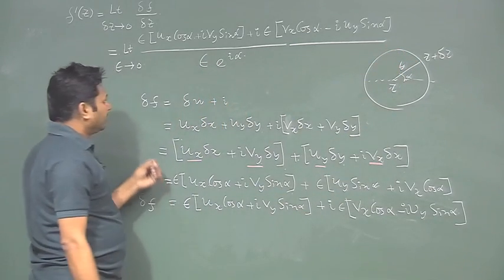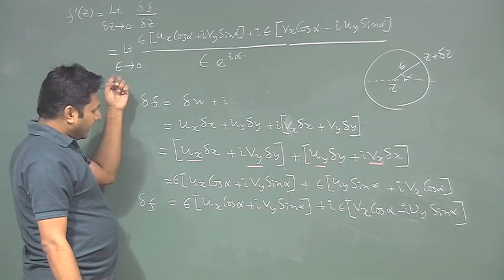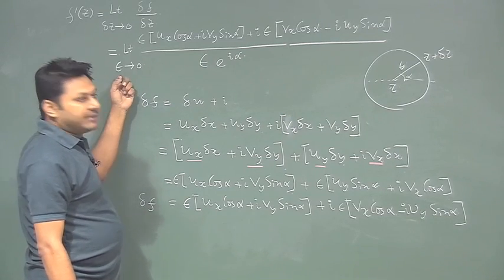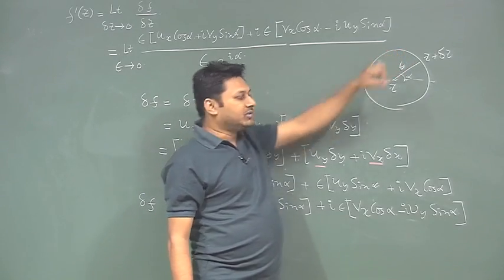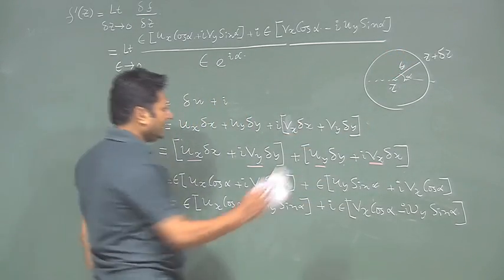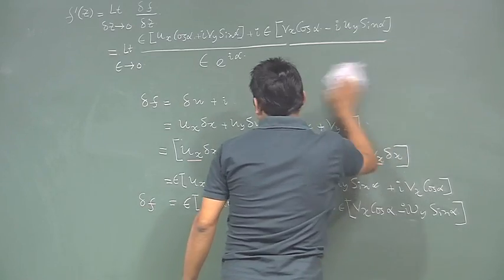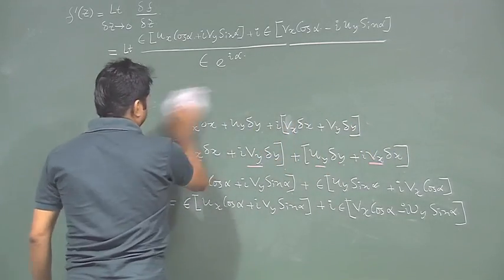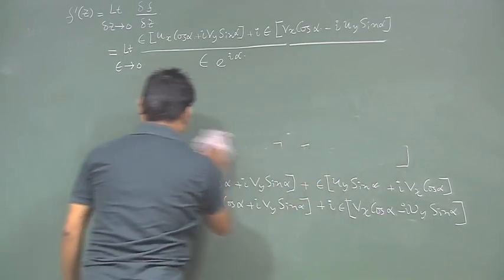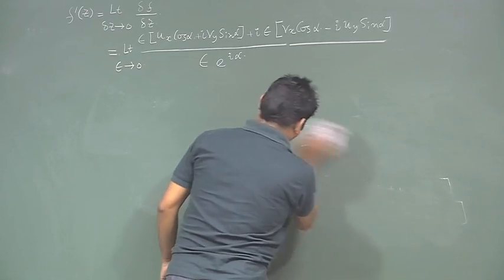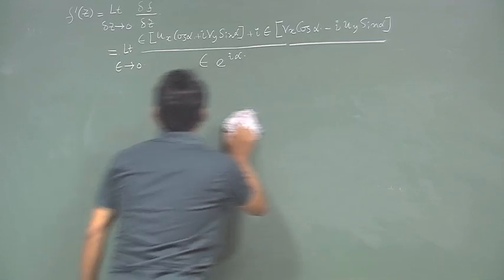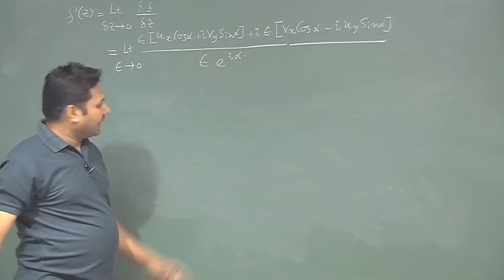Alpha is the preferred direction, and I am coming to this point by making epsilon tend to 0. That means this length can squeeze to this point. Now, you should note a very interesting thing here, and that is the reason I derived these things. So, now epsilon tends to 0.